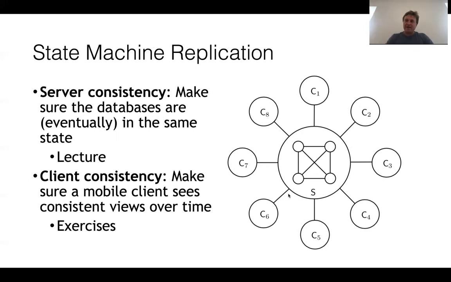So if I write a variable with 7 and then I read it afterwards, I should see 7, or maybe some other value that would update it, but it shouldn't be lost, and my view shouldn't depend on which server I'm looking at. That's our vague definition right now of consistency of a system like this.